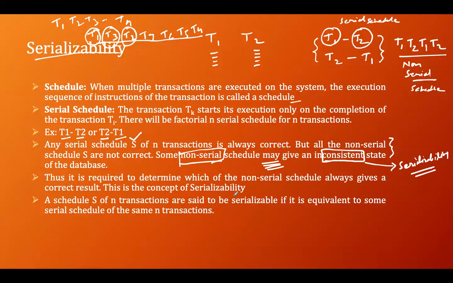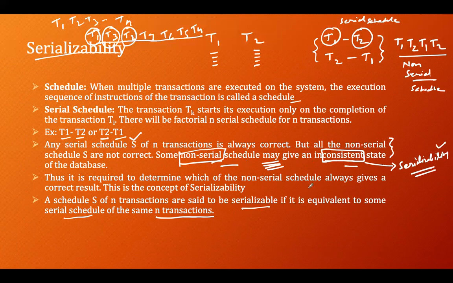A schedule S of n transactions is said to be serializable if it is equivalent to some serial schedule of the same n transactions. Now, I am saying that if I am getting a non-serial schedule which is giving me the consistent state, I say it's serializable. But actually, how will it be done?